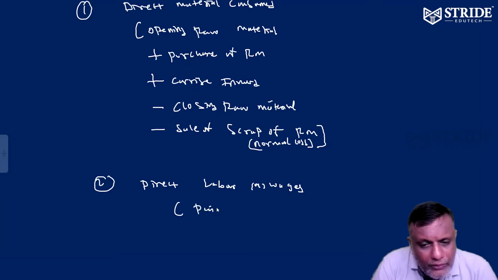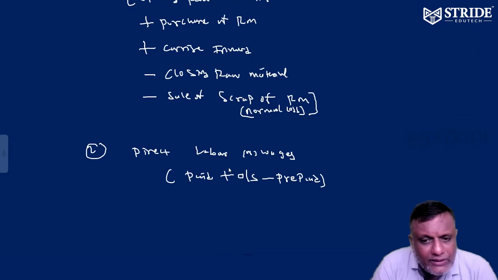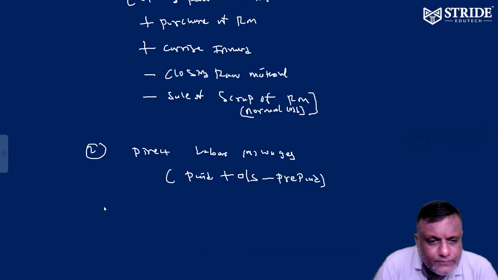How much amount did you pay for labor? Salary, wages, plus any outstanding, minus any prepaid or advance payment. So paid plus outstanding minus prepaid is equal to direct labor or direct wages.